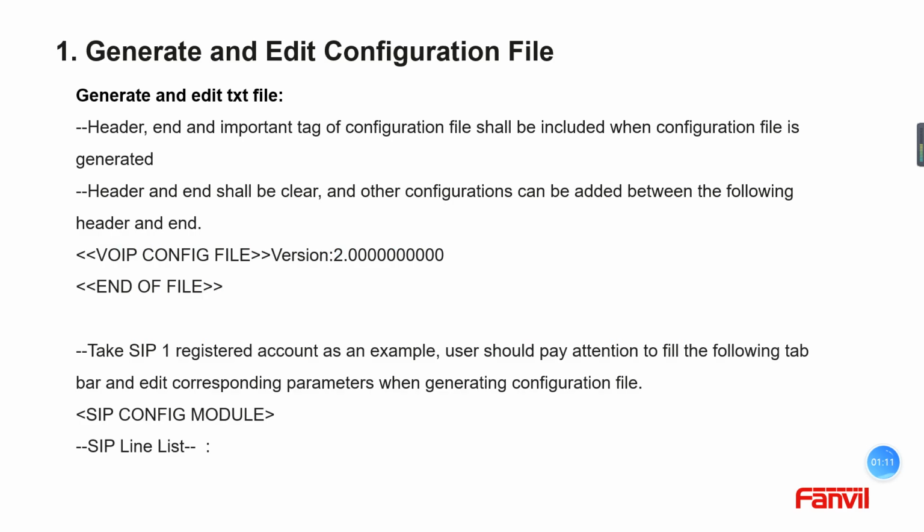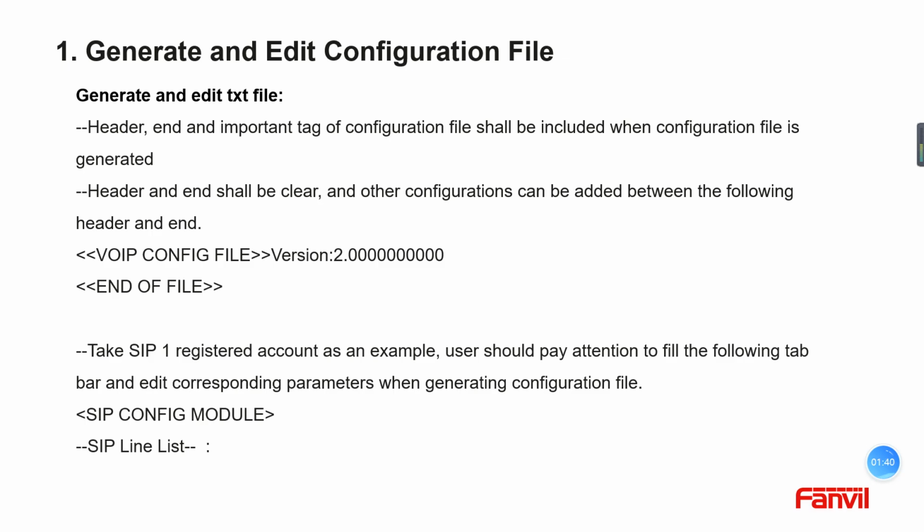When creating a configuration file, we should pay attention to the header, the end, and the important text of the file. The header and the end of the file should be clear, and the other configurations can be added in the middle of the header and the end. Let's take the zip1 as an example.